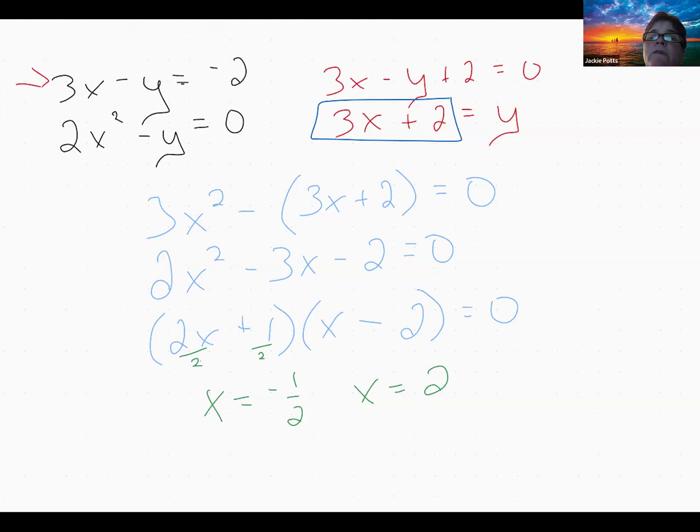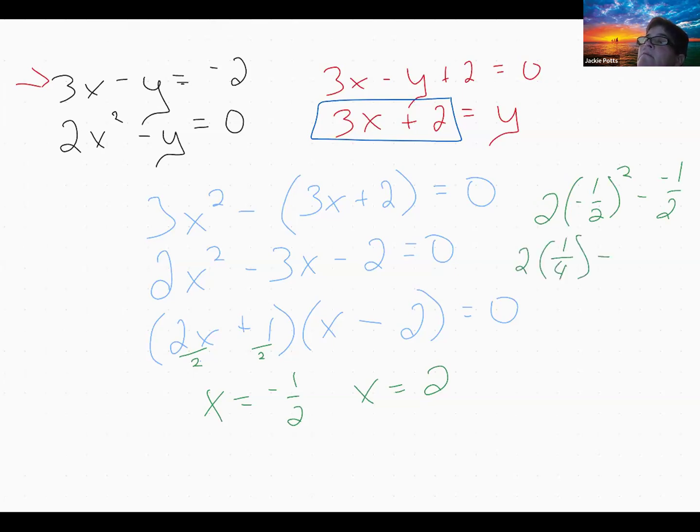I don't like that fatty marker here. So 2 should equal 0. I'm out of room. So 1/2 squared gives me 2 times 1/4 now. Minus negative 1/2 should be positive 1/2.